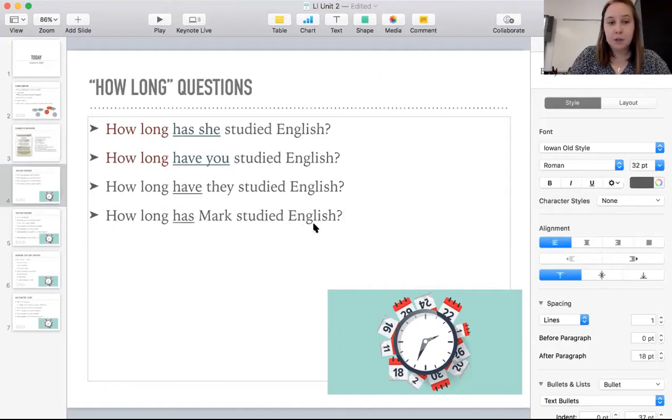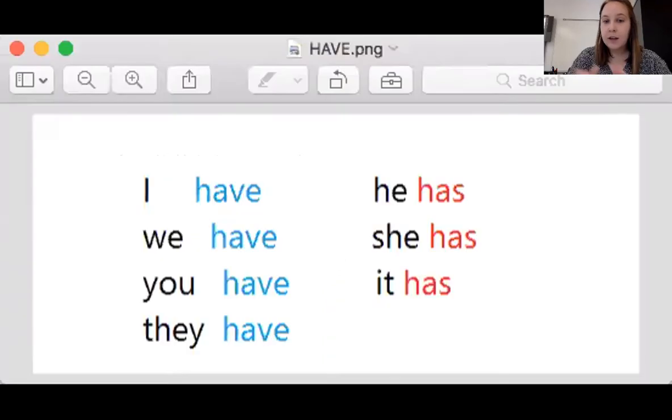So remember, if we're looking at how the verb have works, he, she, it, and this includes people's names, Mark, John, Erica, they are all going to fit into this has spelling or conjugation of the verb have.